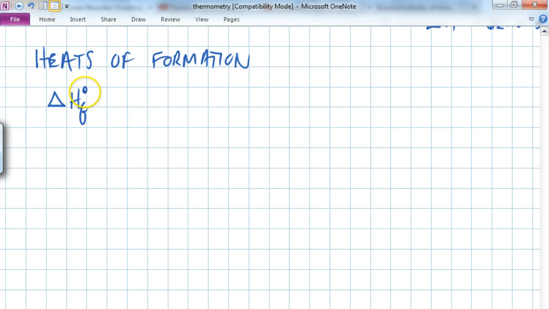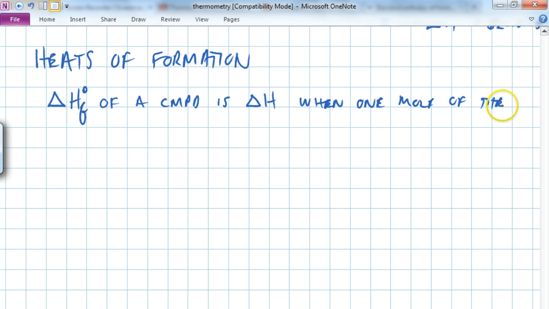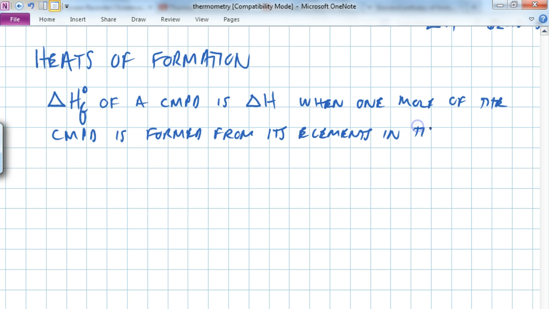Heat of formation under standard conditions of a compound is delta H when 1 mole of the compound is formed from its elements in their standard states.